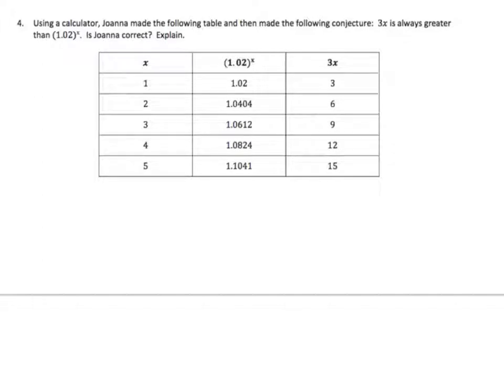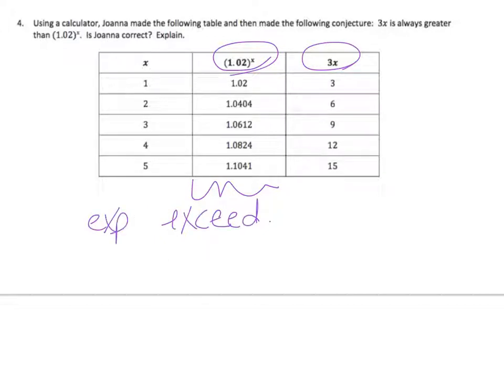That was fun. So, using a calculator, Joanna made the following table and then made the following conjecture. 3x is always greater than 1.02 to the x. Is Joanna correct? Explain. Well, this is exponential, and this is linear. Exponential will, at some point, exceed. So exponential growth always exceeds linear at some point.